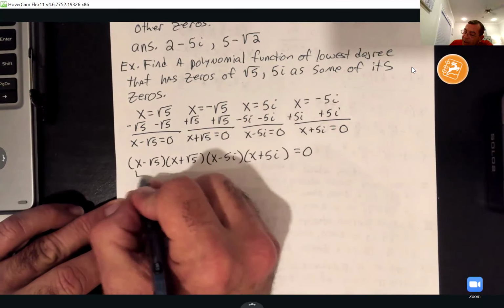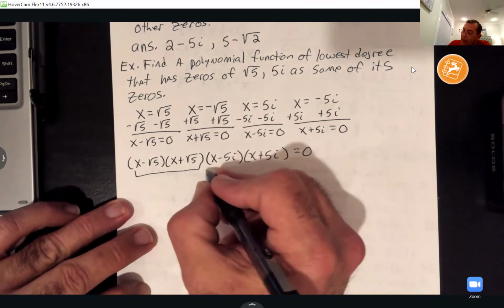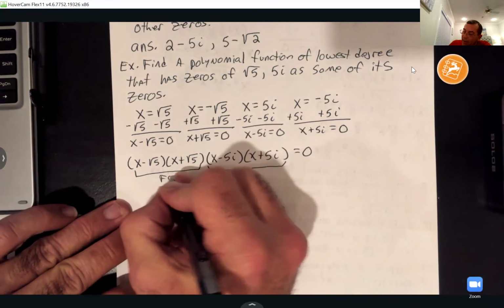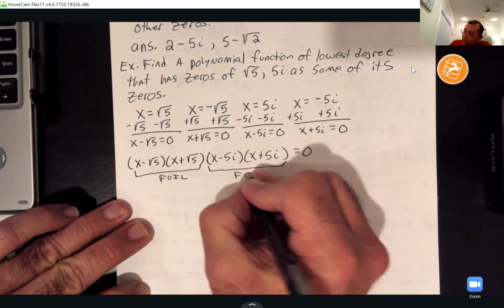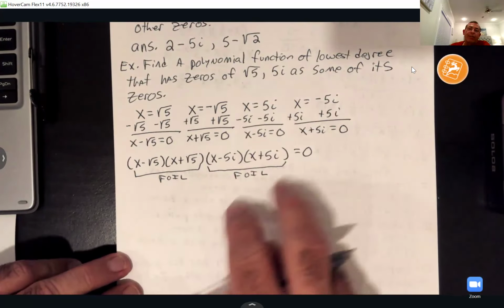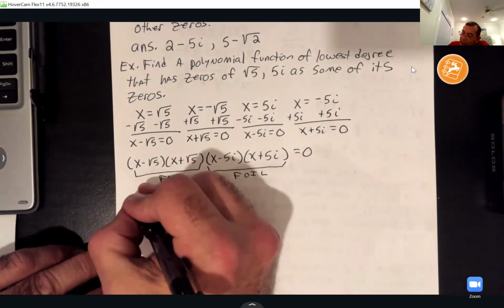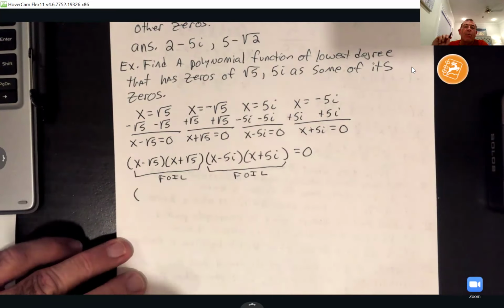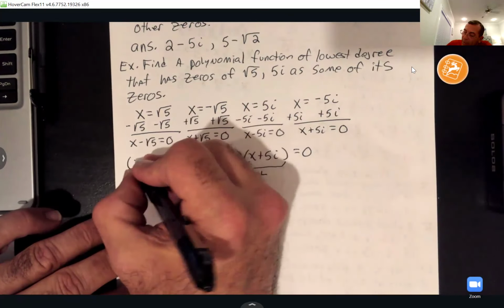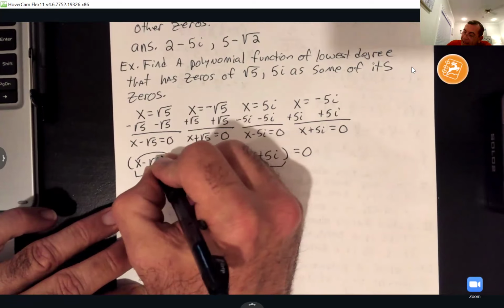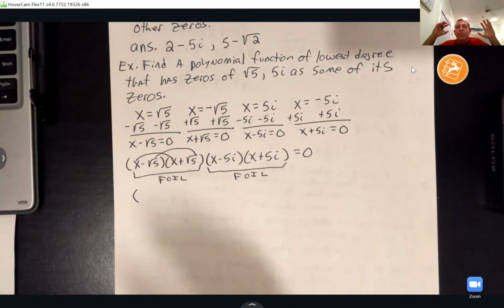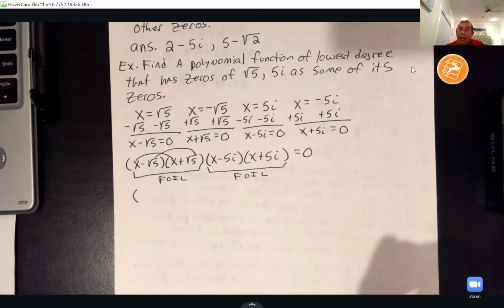These two are conjugates, so I'm going to FOIL them together, and I'm going to FOIL these two together, since I'm just FOILing two things at once. So my first parentheses, now watch this. We're going to shorthand this stuff. We're going to multiply the x times x and then the square root of 5 times the square root of 5. We're not FOILing this out because the middles are always going to cancel anyway.